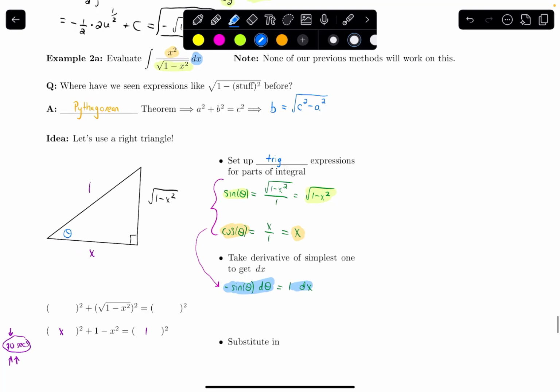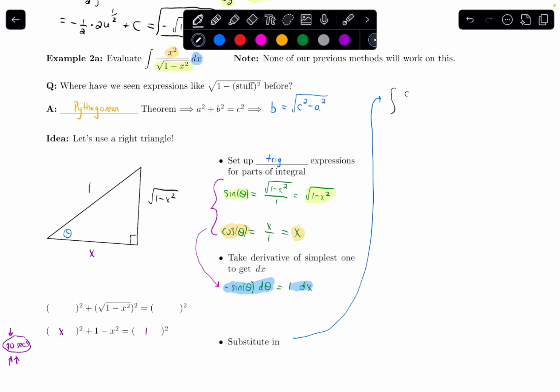So now we are going to be ready to substitute in. If we do that, our integral becomes, in the numerator, cosine squared theta. Let's highlight that in orange. That denominator, that square root term, well, that just became sine of theta, right?